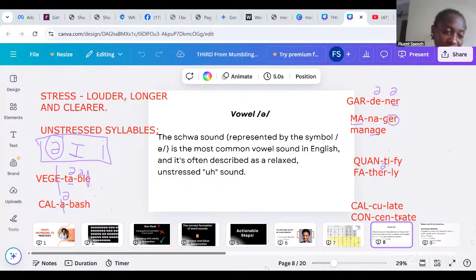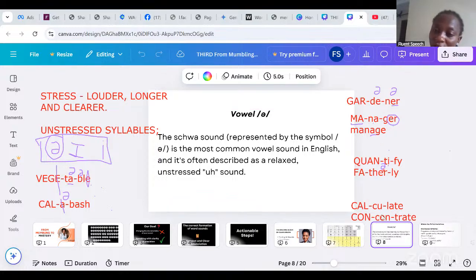The rule states that for the first 2 rules, some trisyllabic words are naturally stressed on their first syllable. So I give a hint that if the word is a noun and it has 3 syllables, most times we stress it on the first syllable.